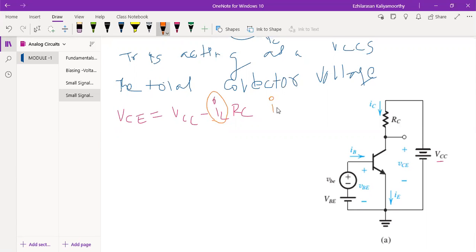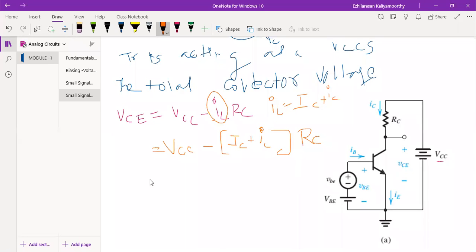I can say small iC will be equal to capital IC plus small i small c. So there are three different terms, so that should be replaced by this. So what will we get now? VCC minus, capital IC is a DC component, plus the small signal component small i small c, into RC.